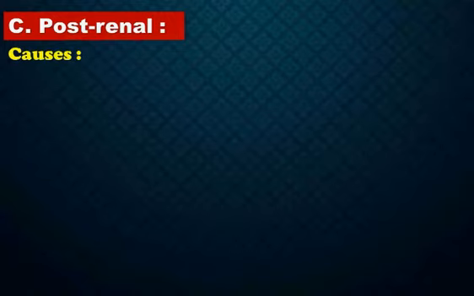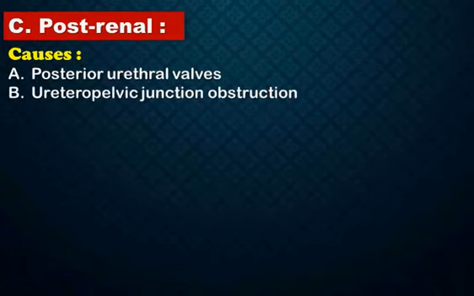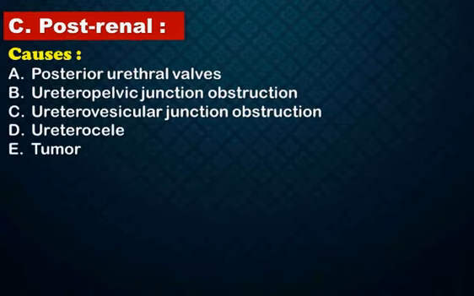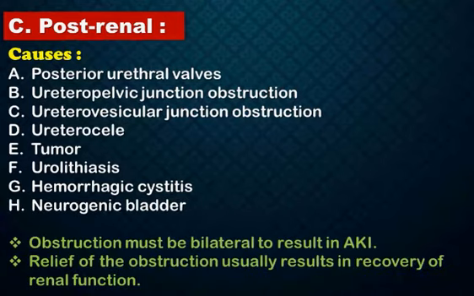It is something outside of the kidney, beyond the level of the kidney, starting from the ureter or from the pelvis of the kidney to the urethra. So we put posterior urethral valve because in the post-renal, the obstruction should be bilateral to cause acute kidney injury. If unilateral, the function of the other kidney will be preserved, so it does not result.